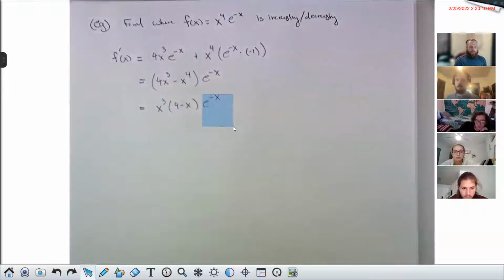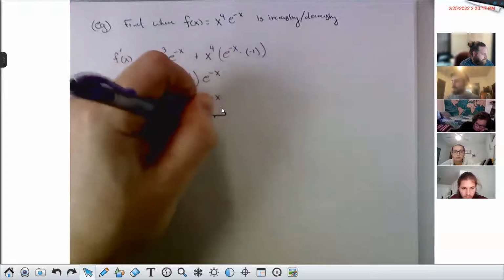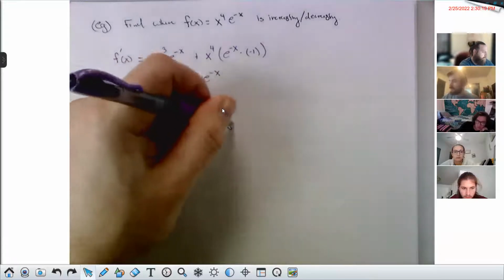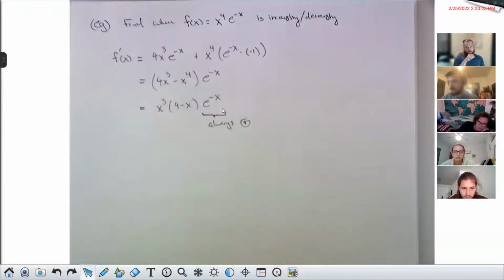It's worth observing that this factor is always positive. Strictly positive, right? Never even equal to 0.